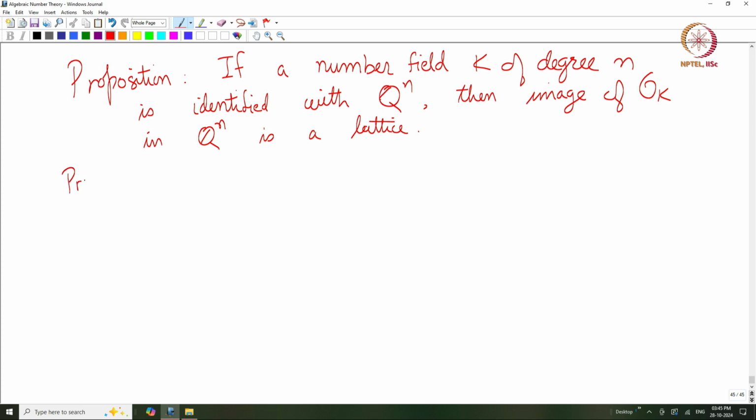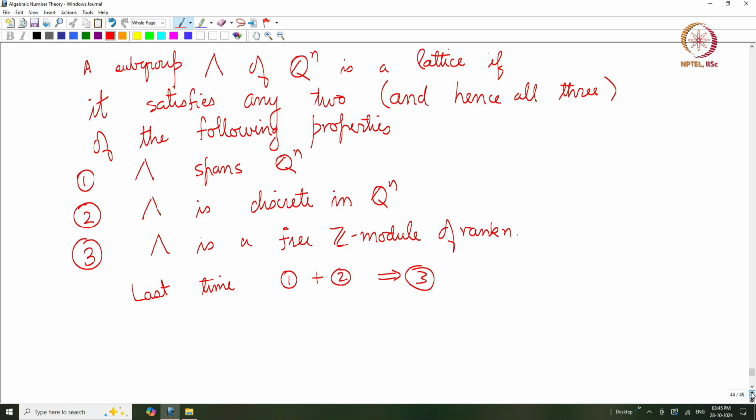So, here is a proof. What do we need to show? We need to show two of these three properties. And so, we are going to show 1 and 2, and that will automatically give us 3.